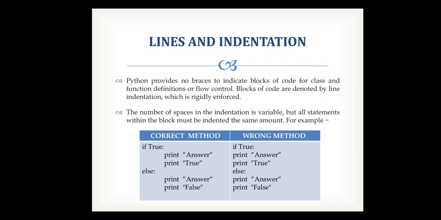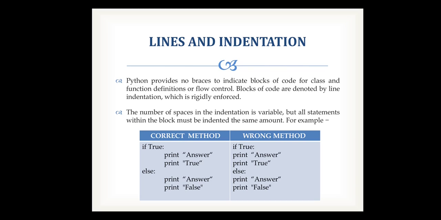Next, lines and indentation. Basically, in Python there are no parentheses or brackets to specify the scope of a particular loop or code. So you have to specify that scope by using indentation.